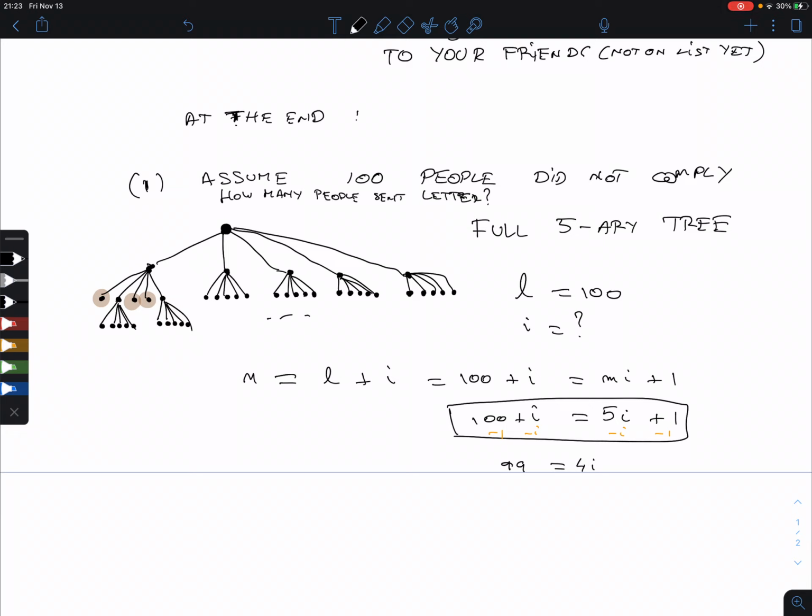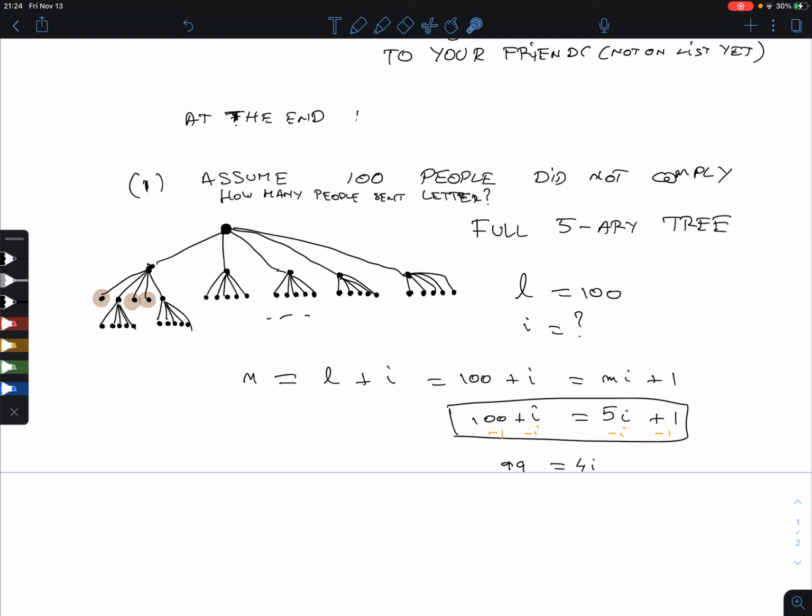I read the question wrong in the textbook. In the textbook, it was about four letters to send instead of five. Now, in other words, what this says is that it's impossible for a chain letter like that to have 100 people not comply. It's also weird because why is it impossible? You see, because the number here doesn't work, right? I is not a whole number.